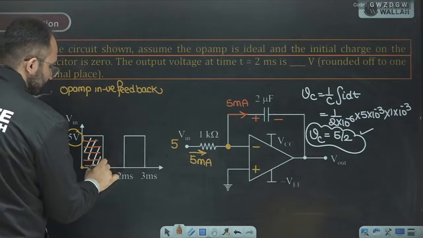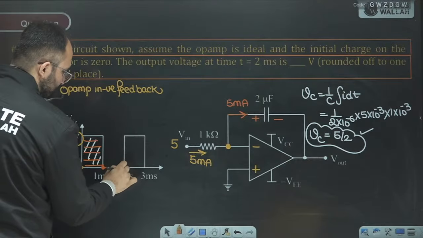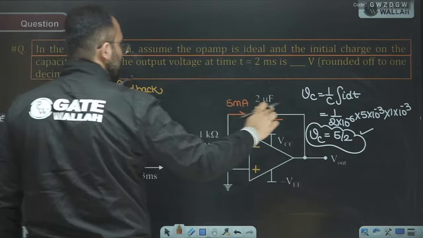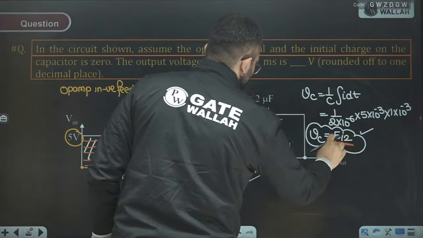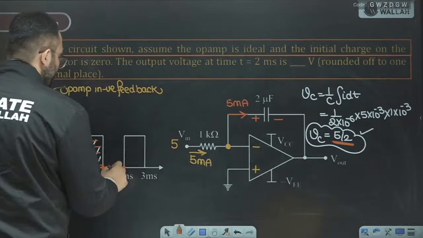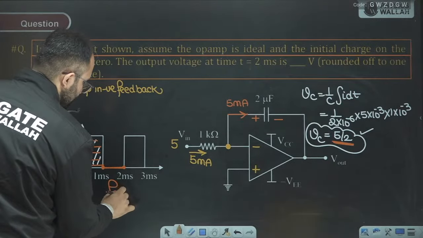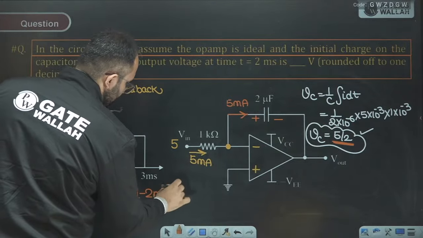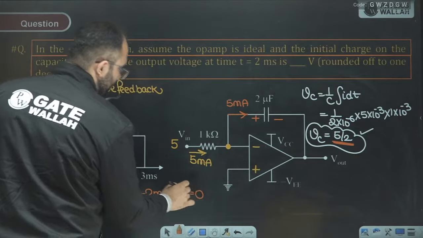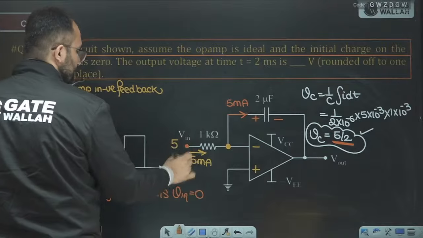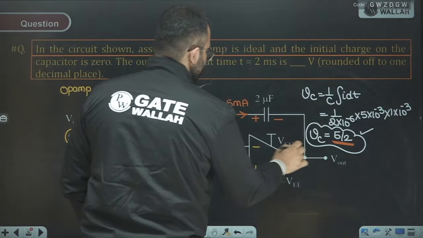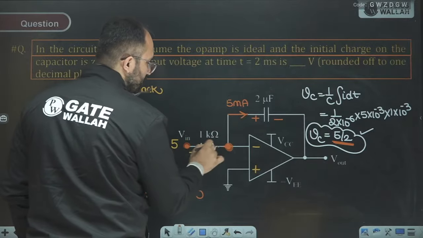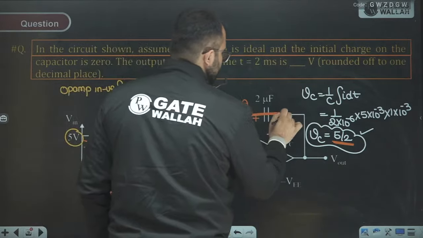But what happens from 1 to 2 millisecond? After 1 millisecond the capacitor voltage will be this much. But from 1 to 2 millisecond, our input is grounded. When the input is grounded, there is no current in this resistor, and no current in the capacitor.